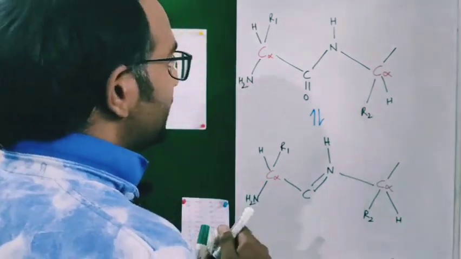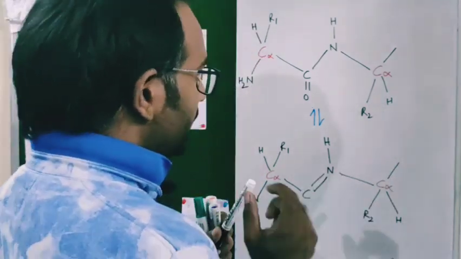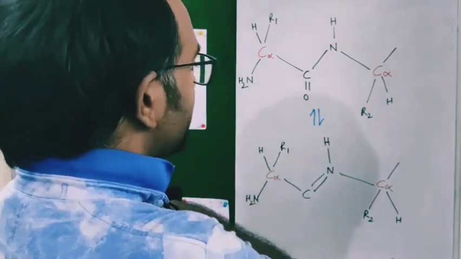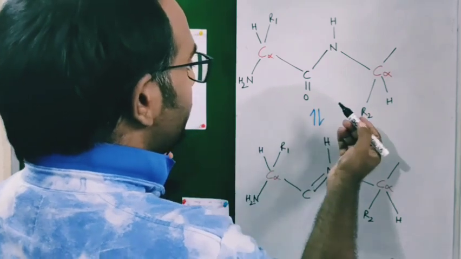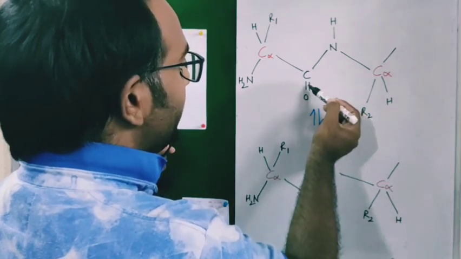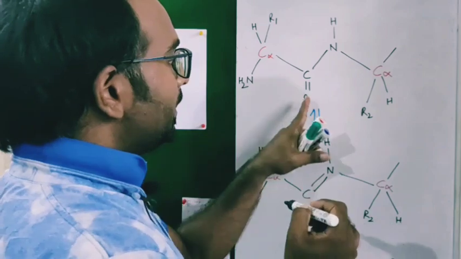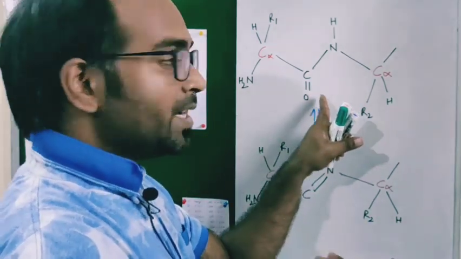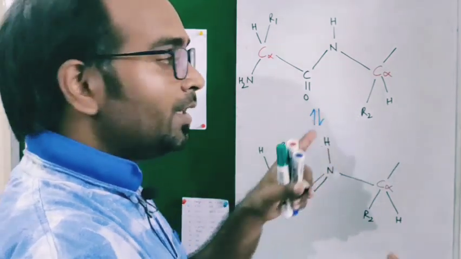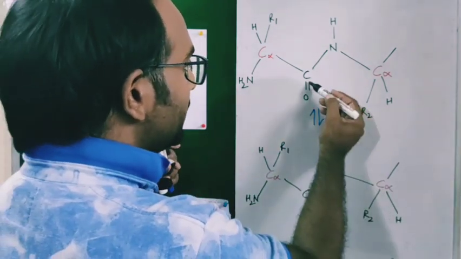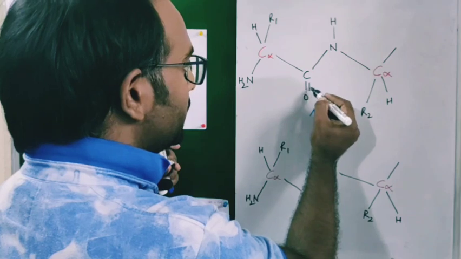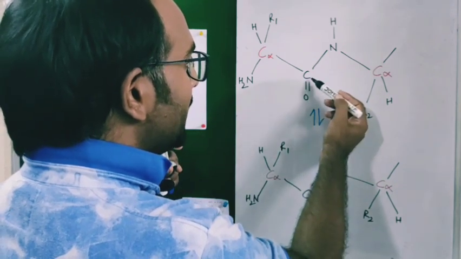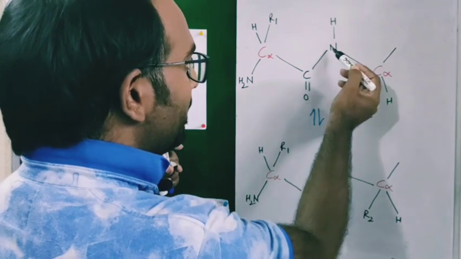Partial double bond character means, understand this concept very clearly. You can see here that there is one double bond, but this double bond is not completely a double bond, it is a partial double bond. What does partial mean? It means that this pair of electrons can resonate between the carbonyl carbon and the amide nitrogen.